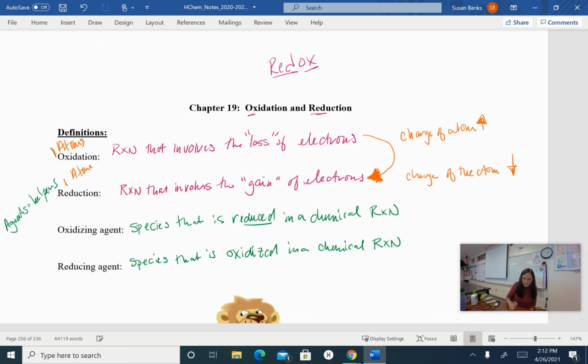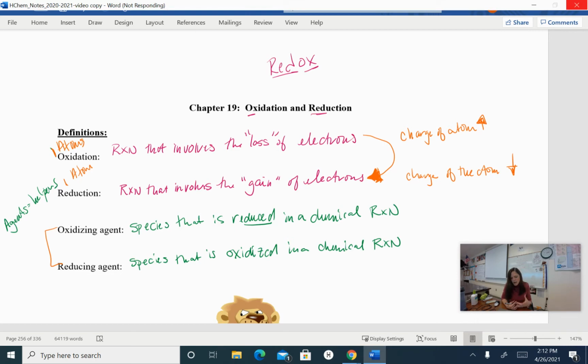So this will be individual elements, where the agents can be elements if it's elemental, but if it's in a compound, these are actually compounds. So these are the whole species of what is either oxidized or reduced in a chemical reaction.